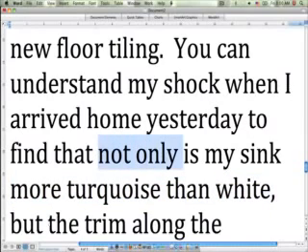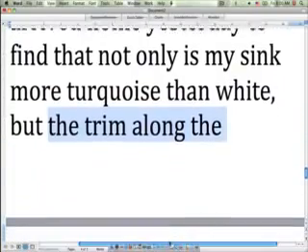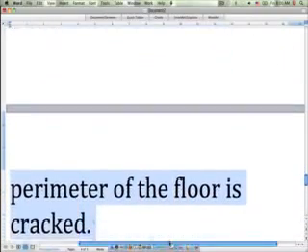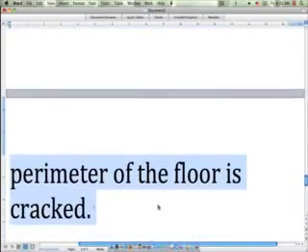The problem is the trim along the perimeter of the floor is cracked. So not only means that we have not only one problem, we have two. Not only is the sink the wrong color, but the tiling is cracked.